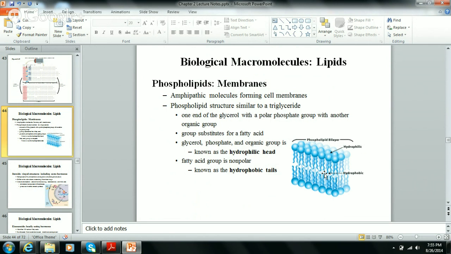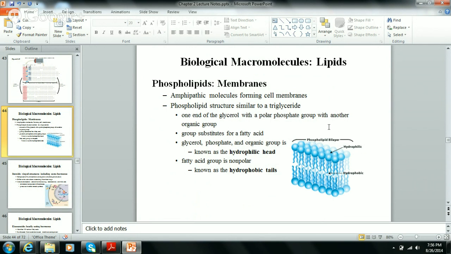All right. Because of that, it makes it difficult for water-soluble substances to pass through this phospholipid bilayer. So a water-soluble substance like a protein will not pass through this phospholipid bilayer unless you have a special carrier mechanism that's going to bring that protein in or let that protein out.